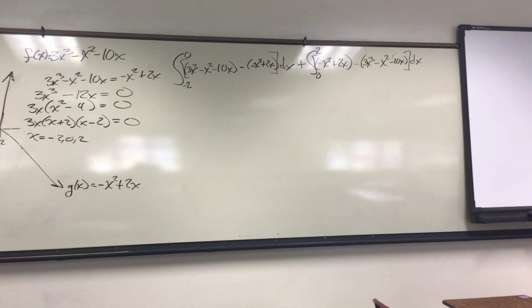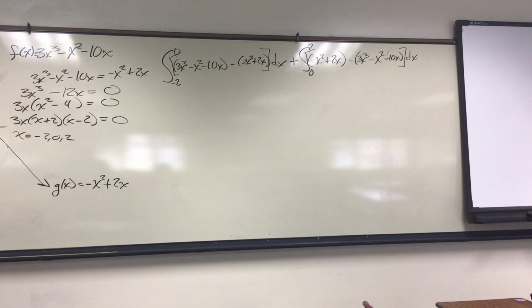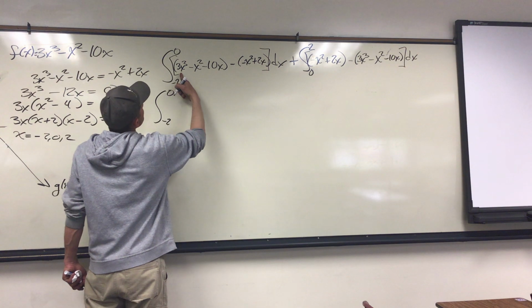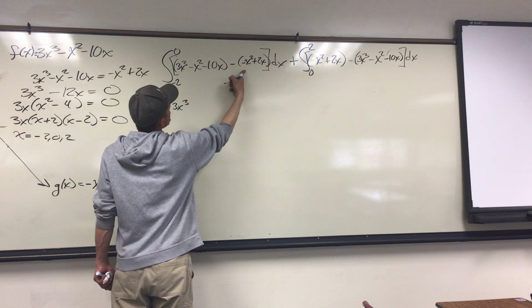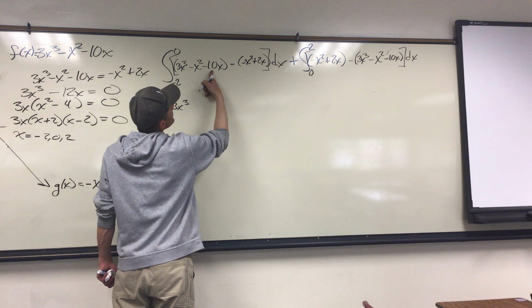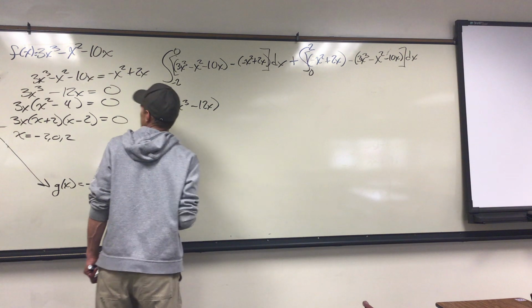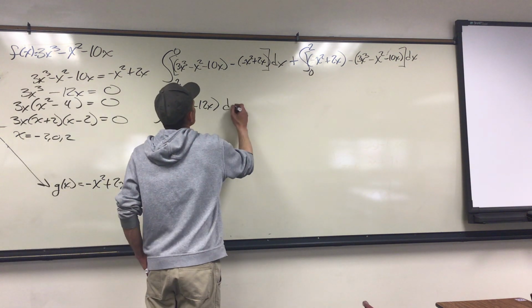I put them all together, and this is kind of a lot of work, but not too much. What does that mean? Minus 2 to 0. 3x cubed minus x squared plus x squared, those disappear, minus 10x minus 2x. Okay, that's one of them.